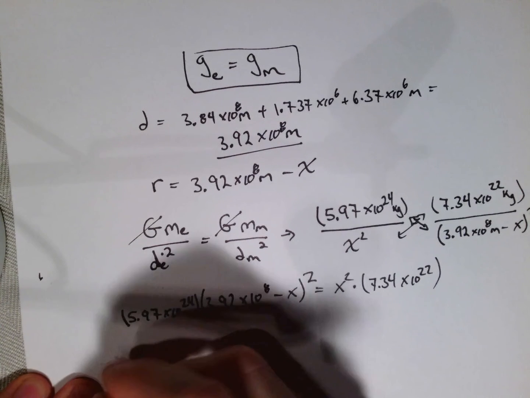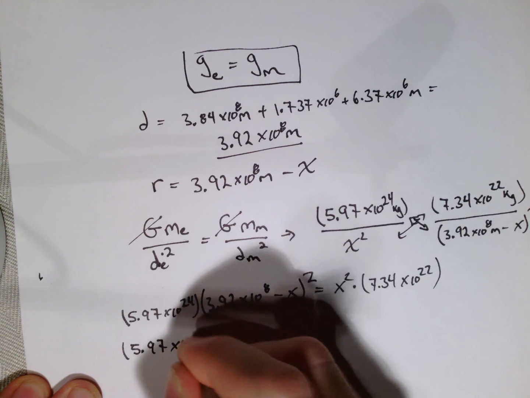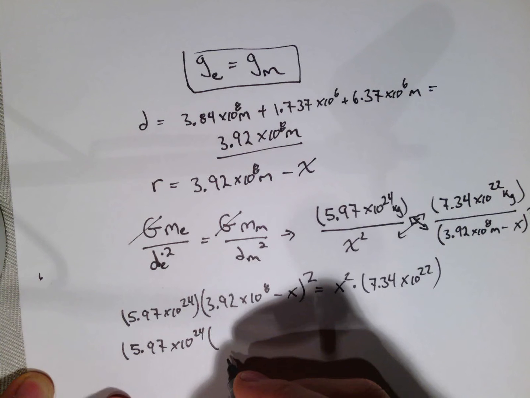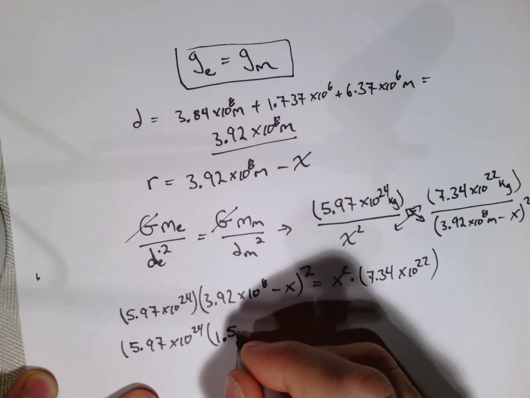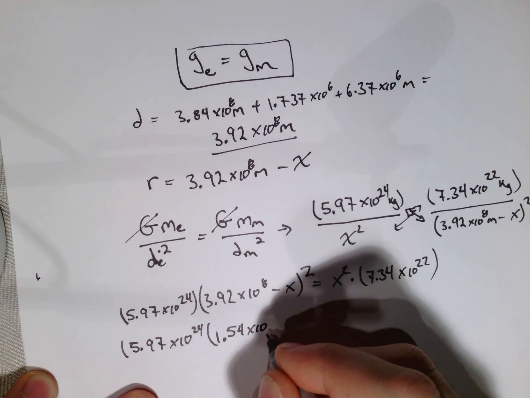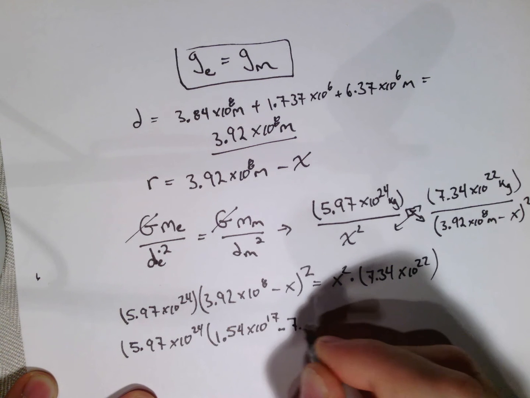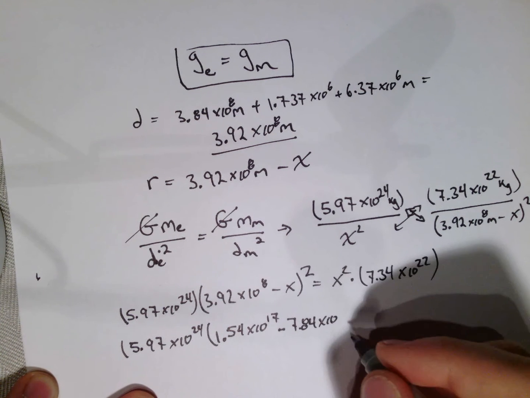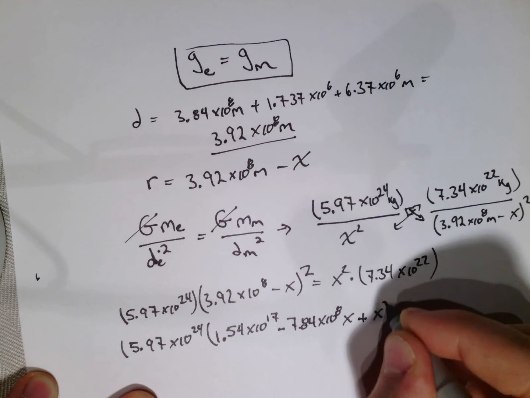I get 5.97 times 10 to the 24. And now expanding this through, I'm going to get 54 times 10 to the 17 minus 7.84 times 10 to the 8 x plus x squared.